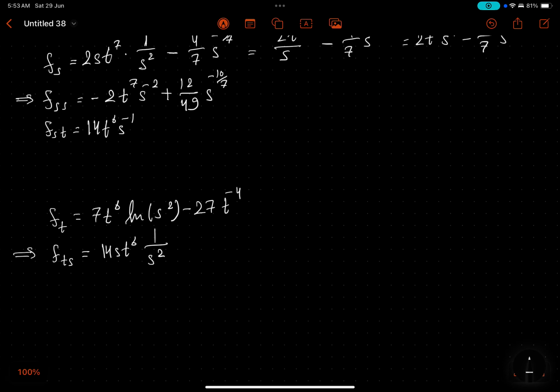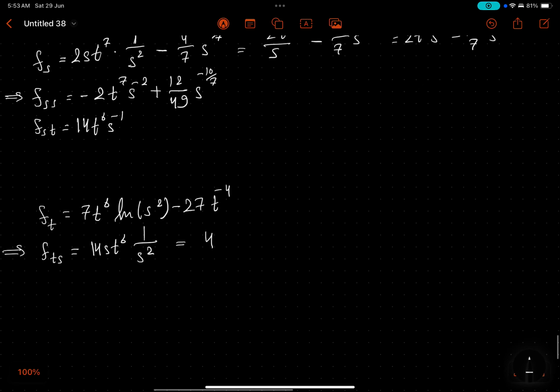This is the derivative of ln of any function. The derivative of ln of any function is 1 over the function inside the ln function. So, and then that's it. This can be simplified to 14 t to the 6 s to the negative 1, or 14 t to the 6 over s.